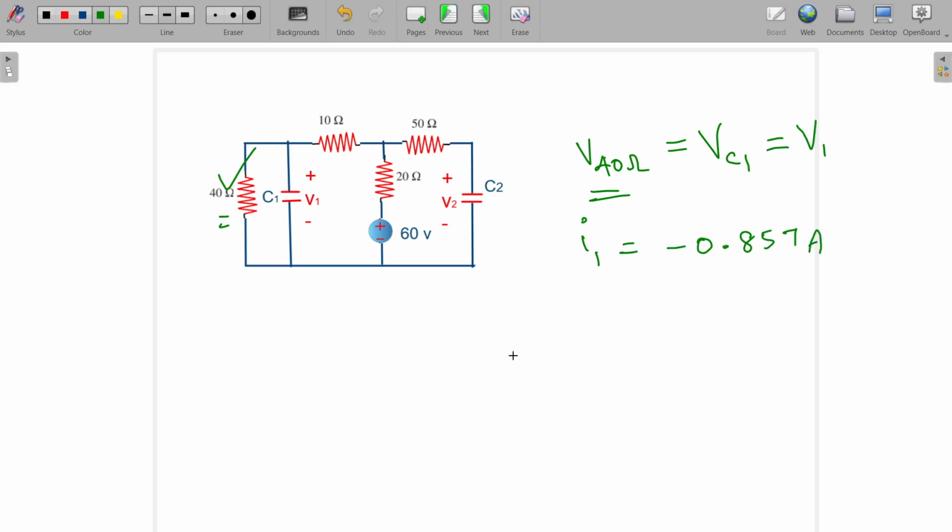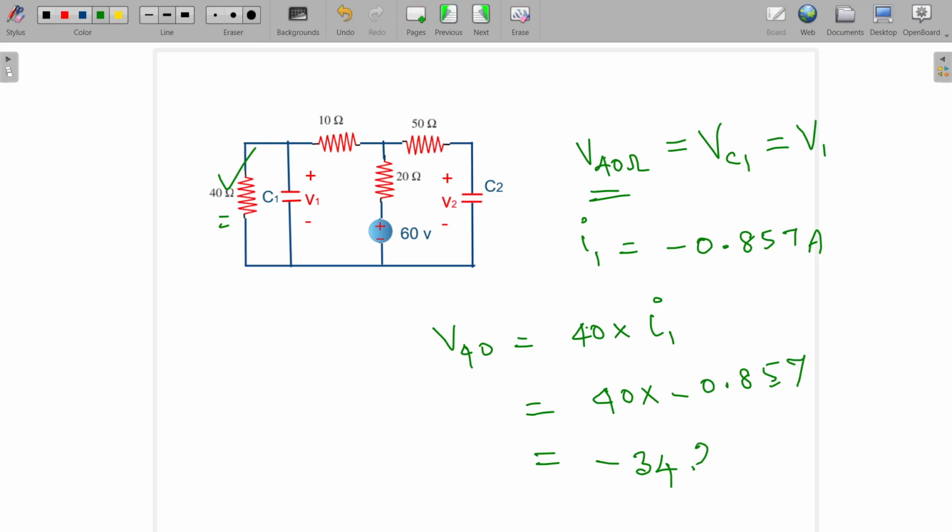So V40 is equal to the resistance value 40 times the current I1, that is 40 into minus 0.857, which is minus 34.28 volts. This is the voltage across this 40 ohm resistor.